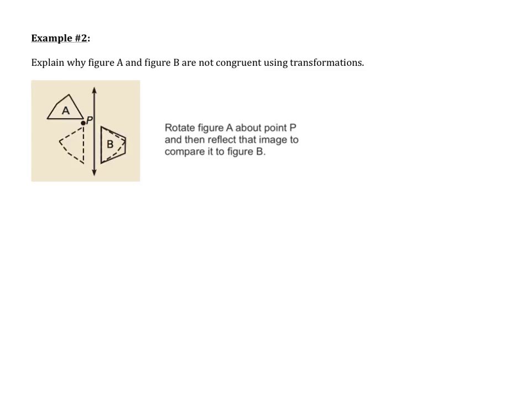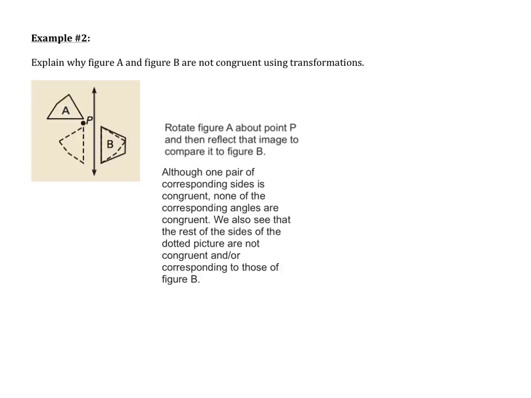So just to sum all that up, remember we rotated figure A about point P to get this image. And then we reflect that image over the vertical line to then compare it to figure B. And while making that comparison, we see that although one pair of corresponding sides is congruent when you look at figure B and that image that was reflected, none of the corresponding angles were congruent.